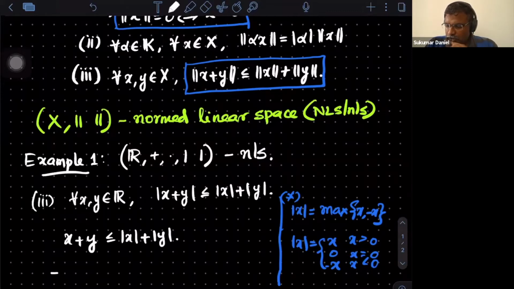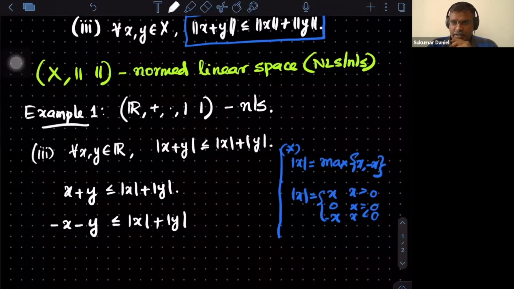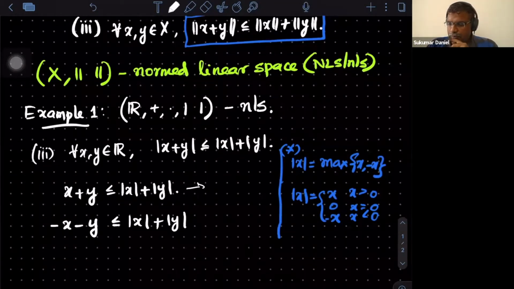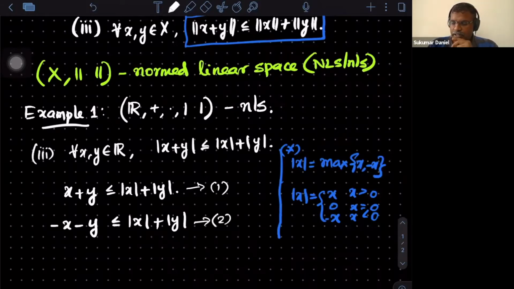Now I'll also look at this, see that it is the same. So minus x is surely less than or equal to mod x. Minus y is also less than or equal to mod y from the definition. Now I have these two. So each of them is less than this.